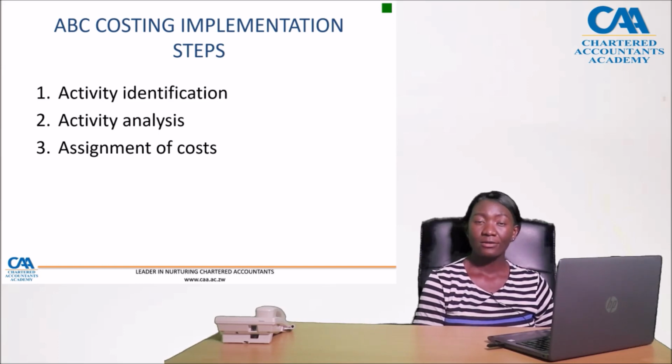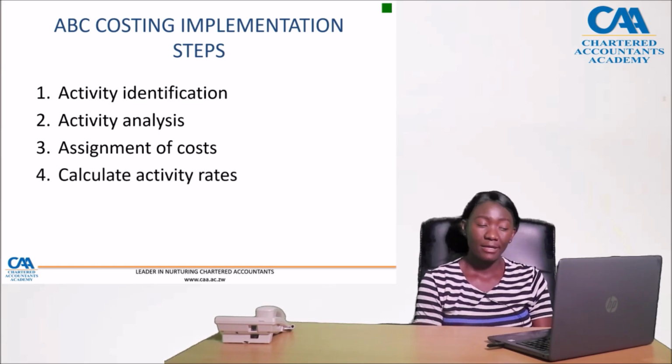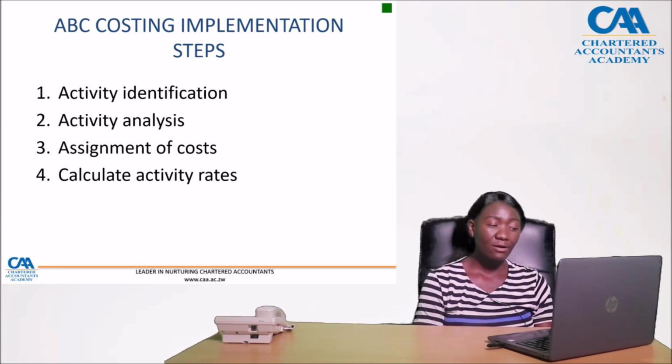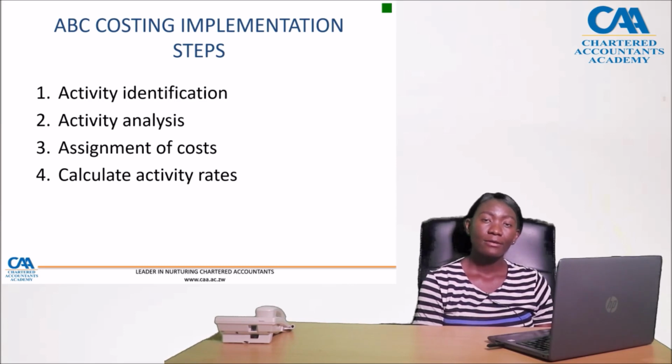I need to assign costs based on the cost driver, which leads me to the calculation of activity rates. In calculating the activity rate for ordering, the cost driver is the number of orders. So I need the total number of orders and the total cost for ordering.